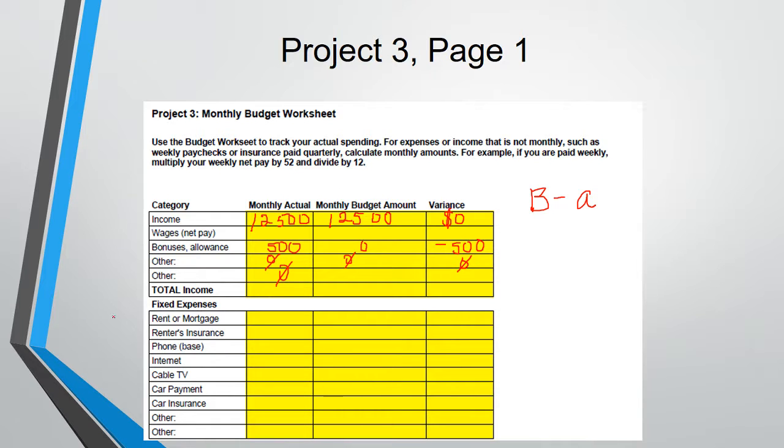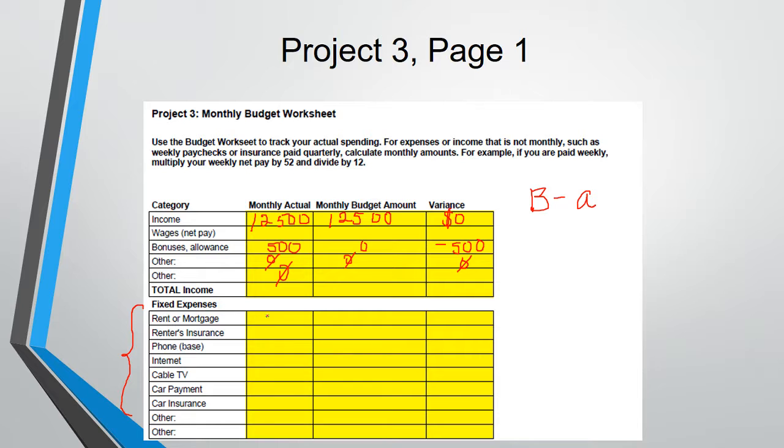The bottom part, fixed expenses. So you should have learned that fixed expenses are expenses that do not change from month to month. They stay the same. So for example, if you move out on your own and you get yourself a one-bedroom apartment, a one-bedroom apartment, let's say in the Phoenix area, is about $900.